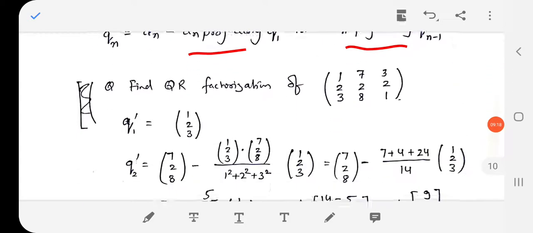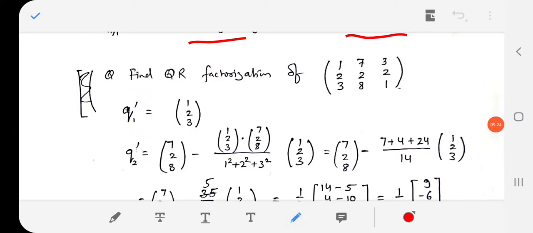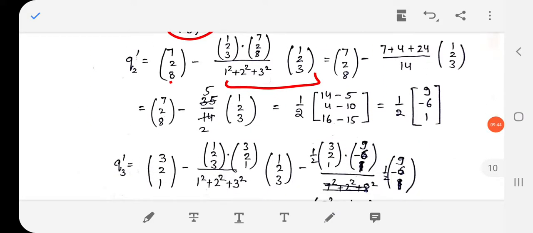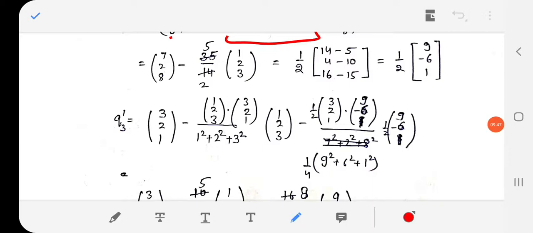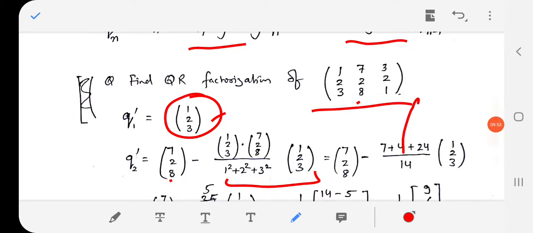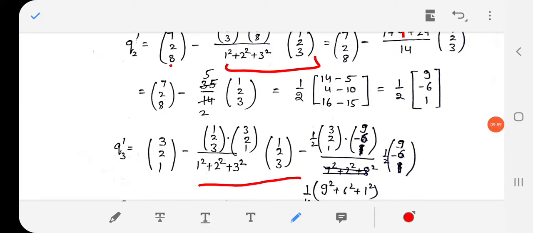Now just for an example, here is a quick look at the QR factorization. Let us suppose that this is the matrix. The first vector can be taken to be this, and the second vector is this one minus the projection along this vector, right? And the next one is the third vector, 3 2 1, minus the projection along the previously found two vectors.